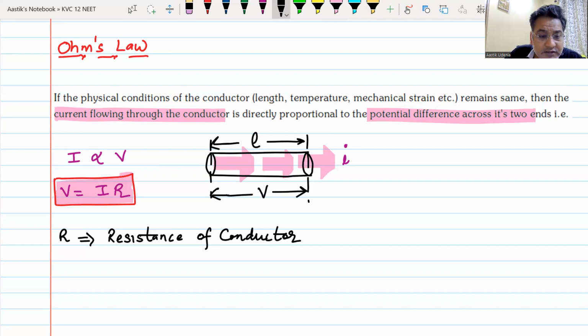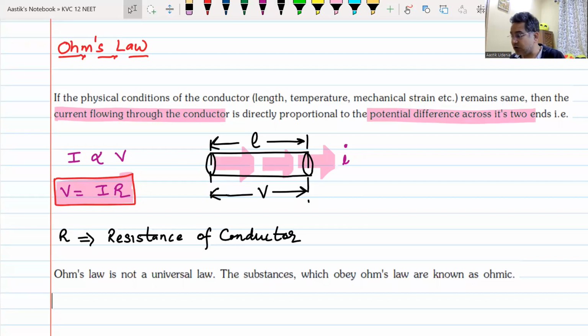Now remember this Ohm's law, V is equal to IR, is not a universal law. That means not every body is going to obey Ohm's law. Bodies which obey Ohm's law are known as ohmic bodies.